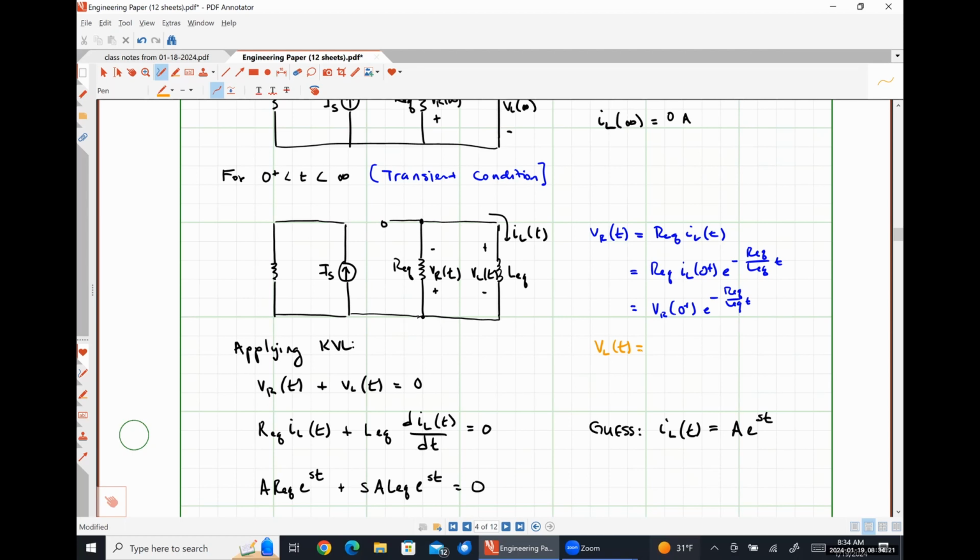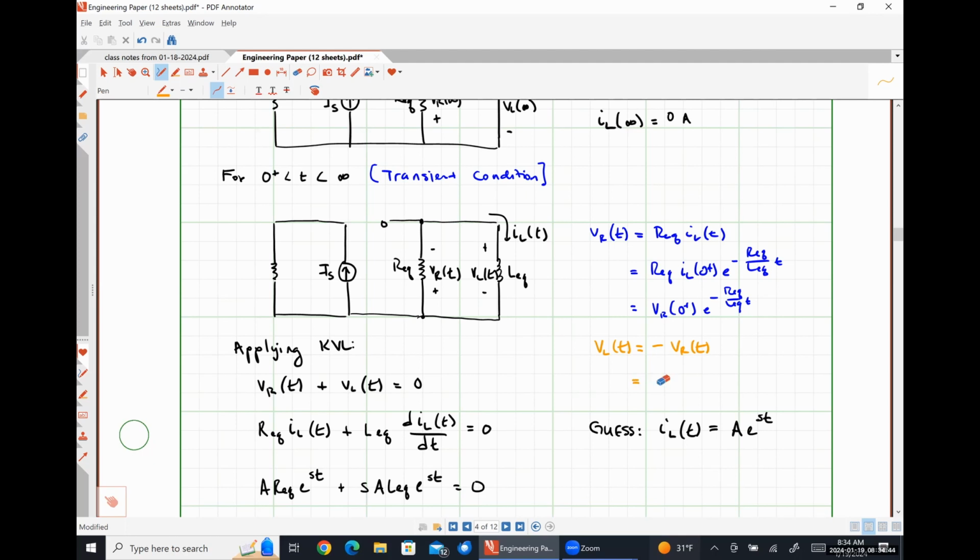So the polarity of the voltage drop across the resistor is opposite the polarity of the voltage drop across the inductor. So I believe that the voltage drop across the inductor is literally just negative the voltage drop across the resistor, which is going to be negative.